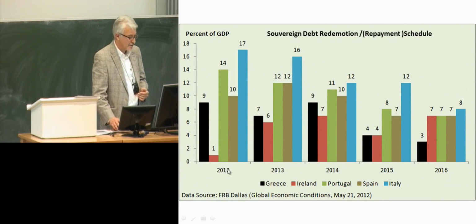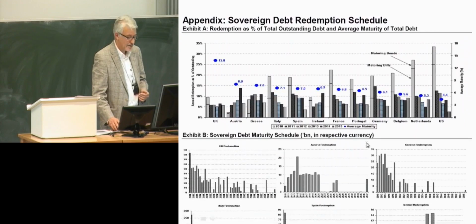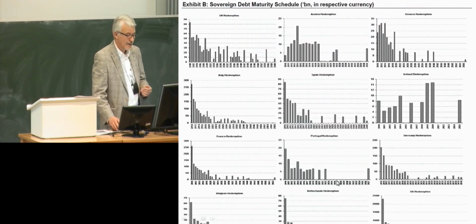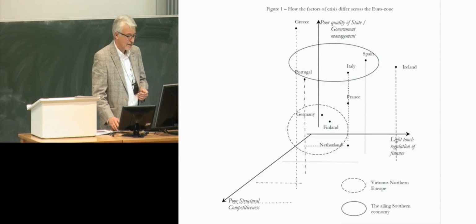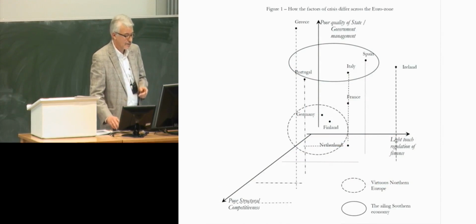So here you can see in the following years which country would have to repay which amount of money as percent of GDP. And we have very detailed data on when this happens, when Greece has to repay money. The other, I will come back to that.